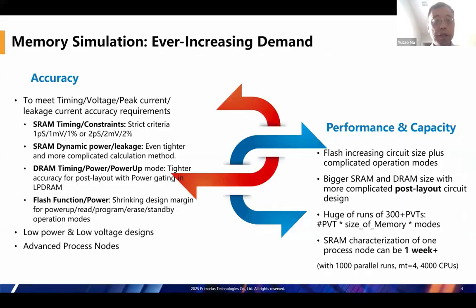Let's zoom into the memory side. People may think memory is a digital circuit, but actually most advanced memory designs use a fully custom design flow, similar to analog. They rely on transistor level simulators to do the verification.